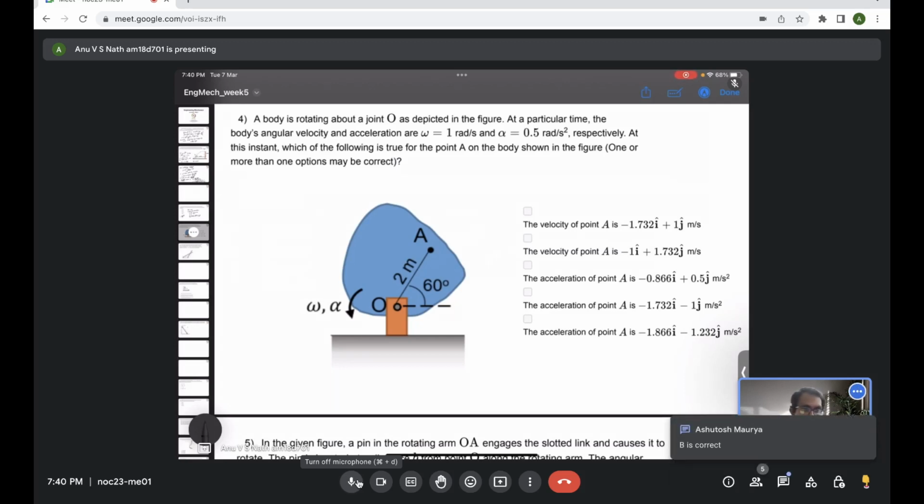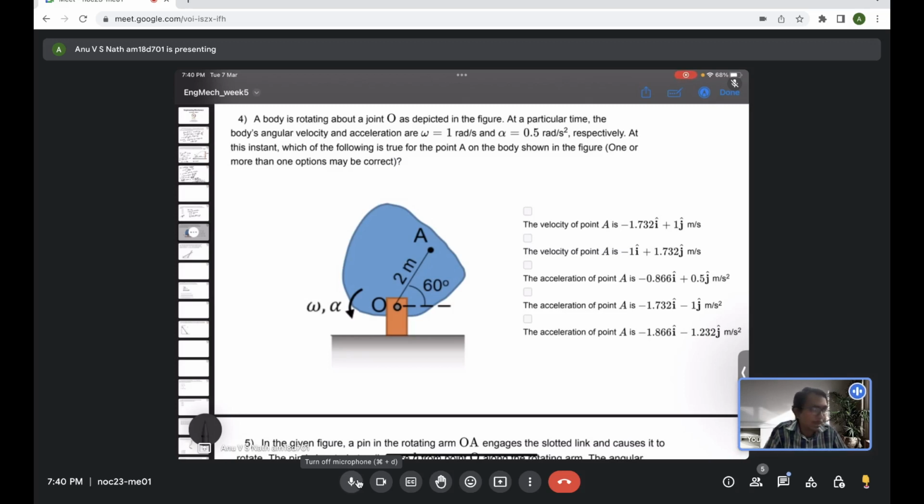Okay, there is one comment saying B is correct. We will see.